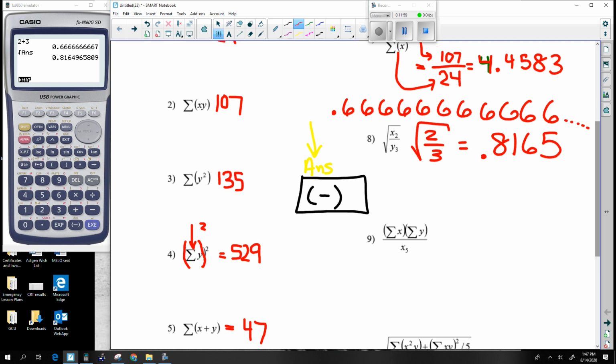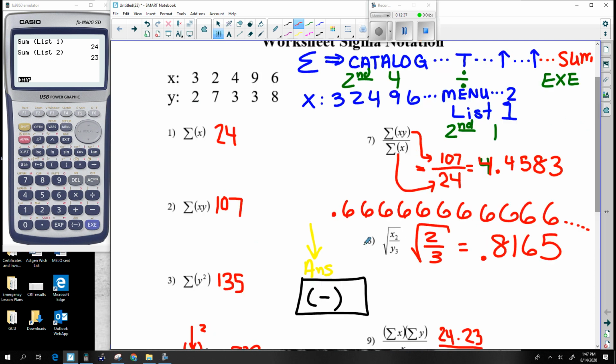All right, I digress. Going back to work. So number 9, we have the sum. Oh, geez, what am I doing? The sum of x times the sum of y divided by x sub 5.